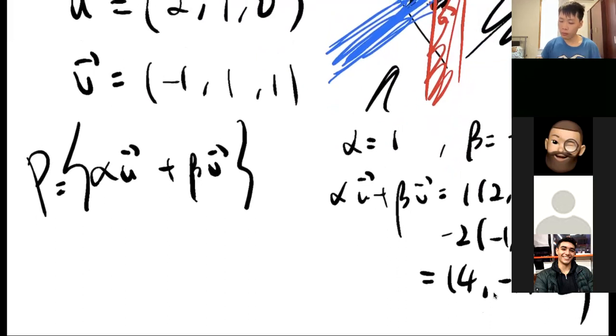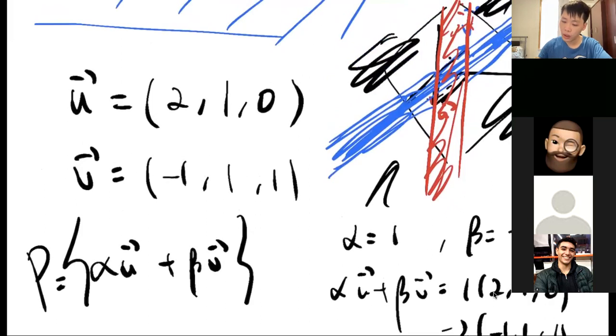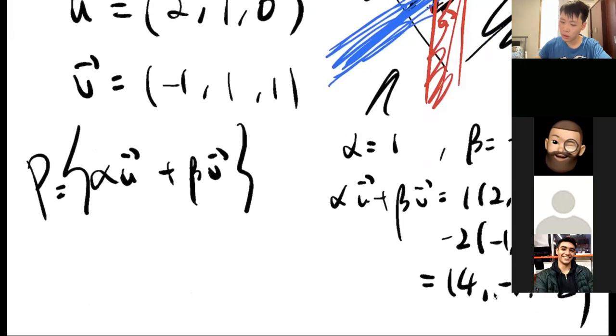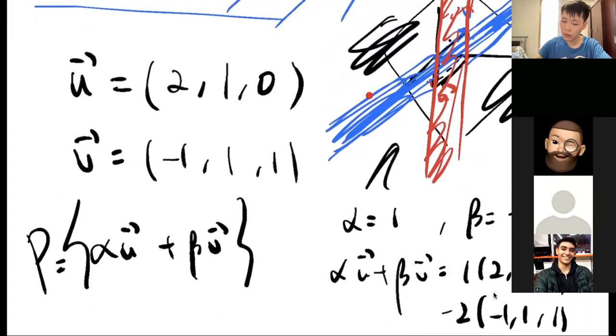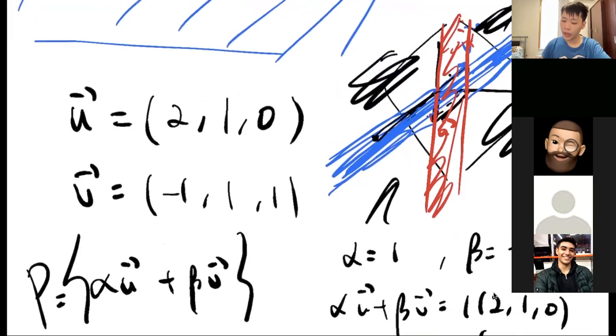So the point is (4, -1, -2), a point like here. You get it by stretching u by scalar 1, and then you stretch vector v by -2. You go to the other side.